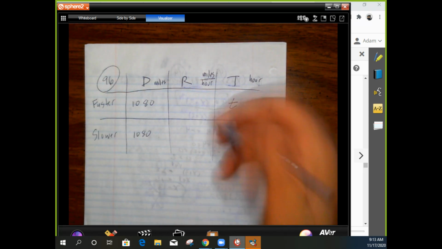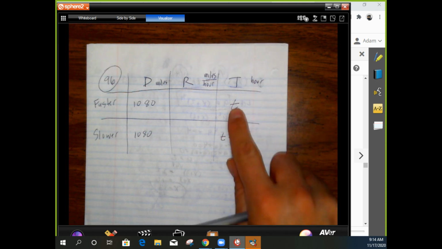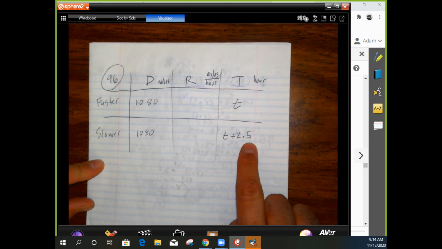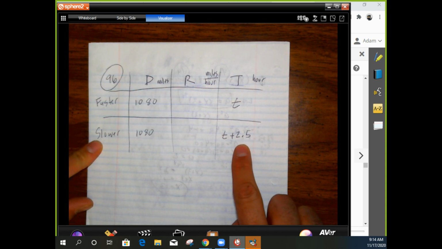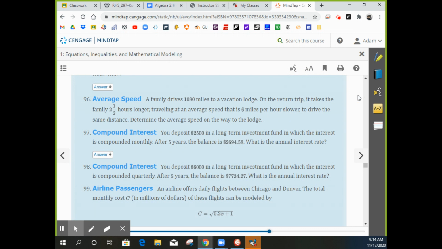All right, it says that when it took them longer, they were traveling at an average speed that was 6 miles per hour slower, and it was the same distance. So we want to find the average speed, so we're going to look for r. So in this middle column, I'll make r the original rate, and the slower rate is going to be r minus 6, and 6 is in miles per hour, so that's good.